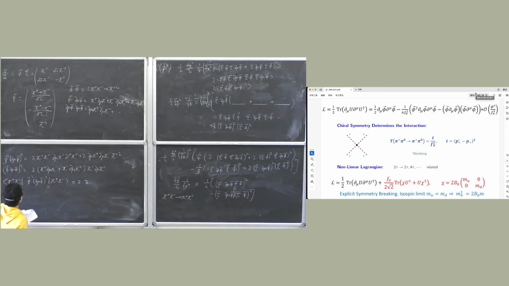And for pi 0 and pi 0, one is incoming and one is outgoing. So it's incoming minus p.